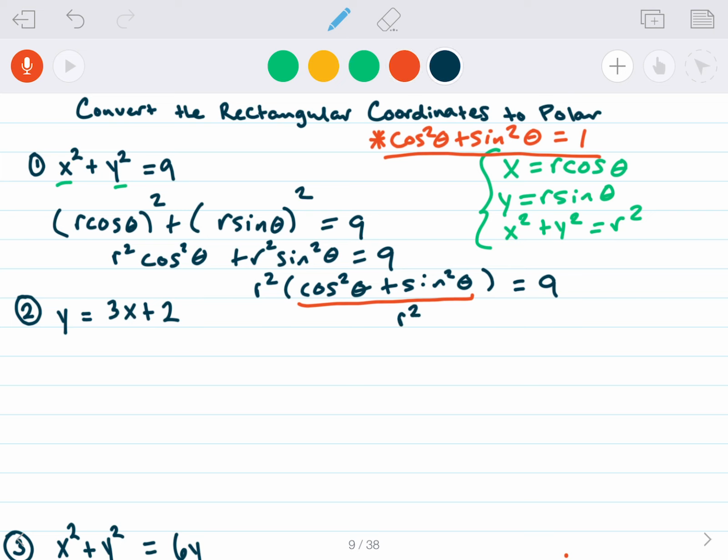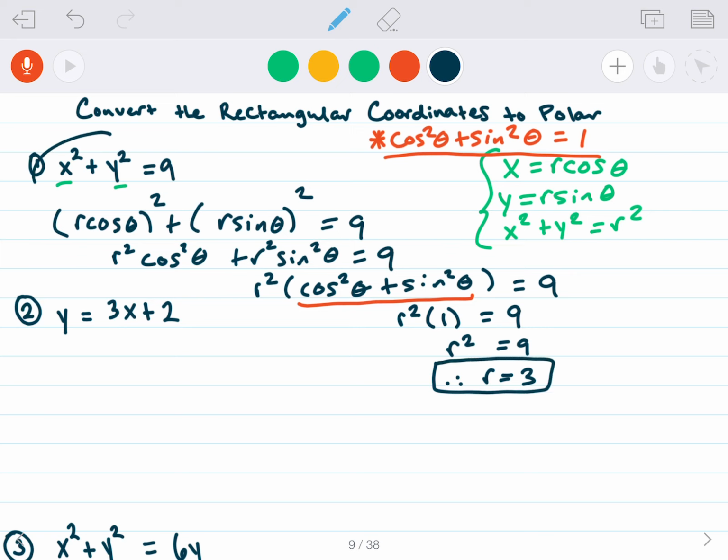So we get r squared times 1 is equal to 9, therefore r squared equals 9, and therefore r equals 3. We're not going to take negative 3 because, as I said, the radius is not really a negative kind of concept, it's distance, so we're just going to leave it as r equals 3.